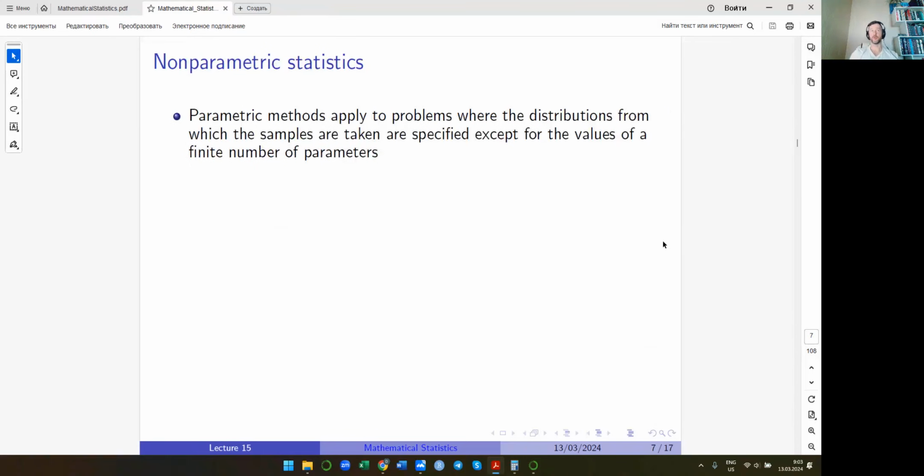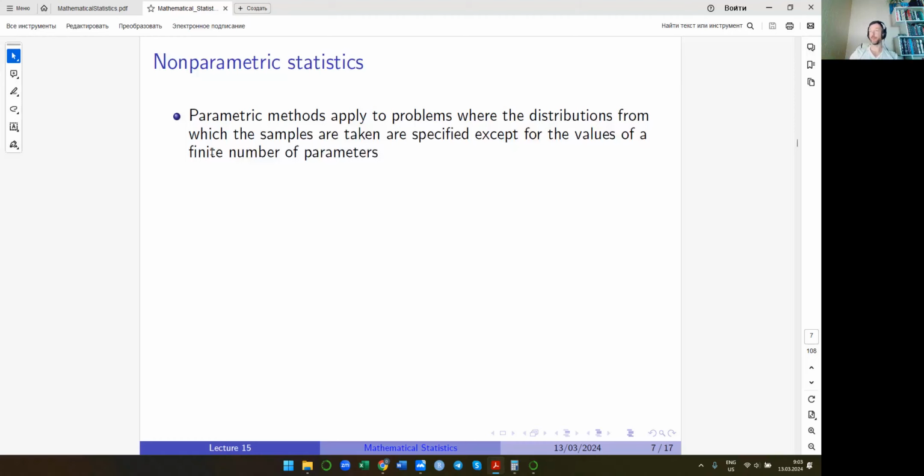So what do we mean by non-parametric statistics? Basically, that's the most important question to understand what we are talking about. So what does non-parametric mean? Let's try to understand non-parametric statistics from the opposite: what is parametric statistics?